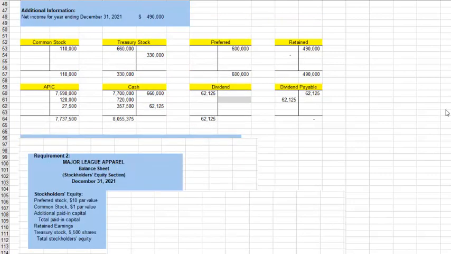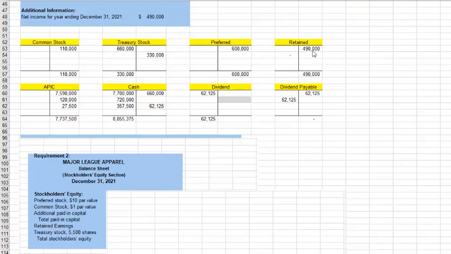Now let's finish out by doing the balance sheet statement of stockholders' equity section. Notice this is on a day and time, not in a period. We have all of our T accounts. There is one update we need to make with this additional information. We have net income for the end of the year of $490,000. This is going to go in our retained earnings. It is going to go on the credit side. Are there any other accounts that we need to close out to retained earnings?